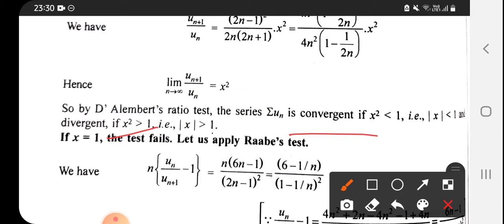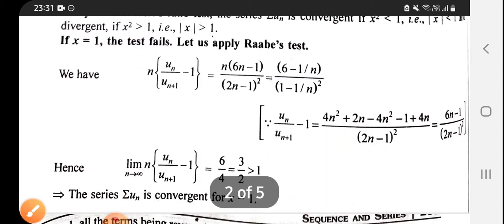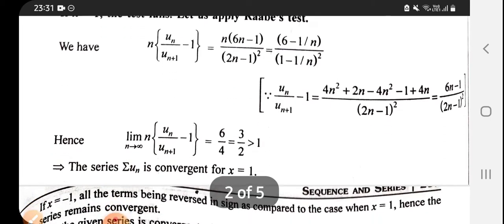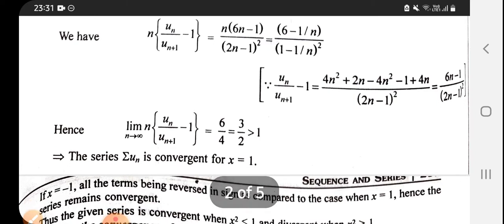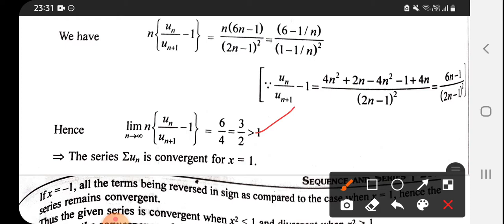For x equal to 1 the test fails, and by applying Raabe's test we get this. Un upon un plus 1 minus 1 is this expression, multiplying by n and applying the limit as n tends to infinity we get 3 by 2, and this 3 by 2 is greater than 1, that's why the series is convergent.